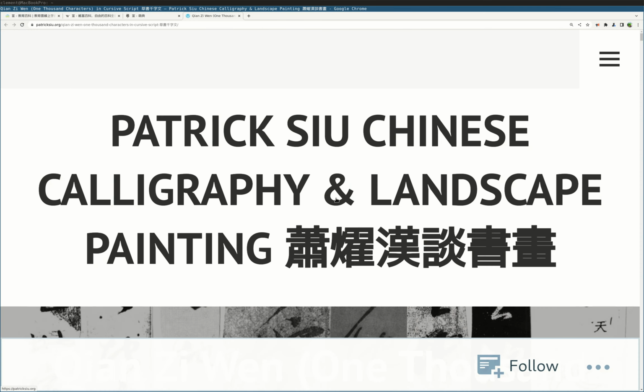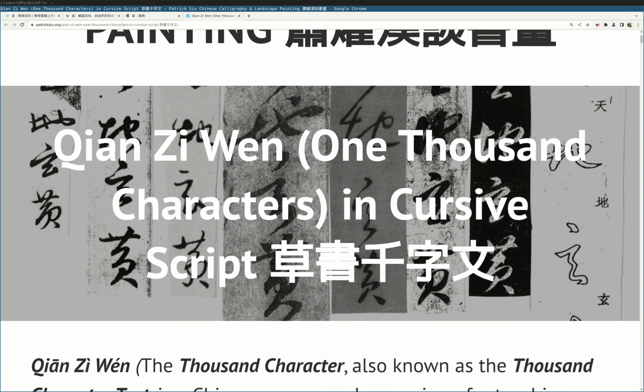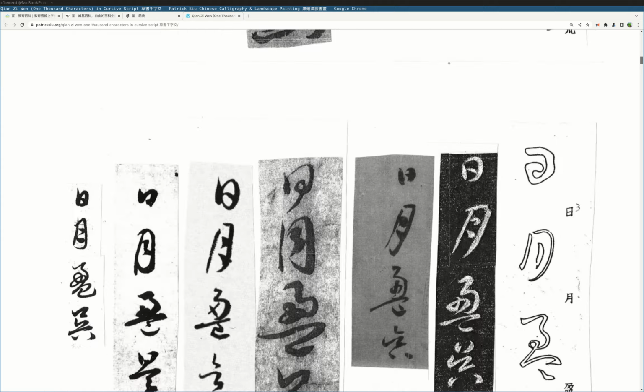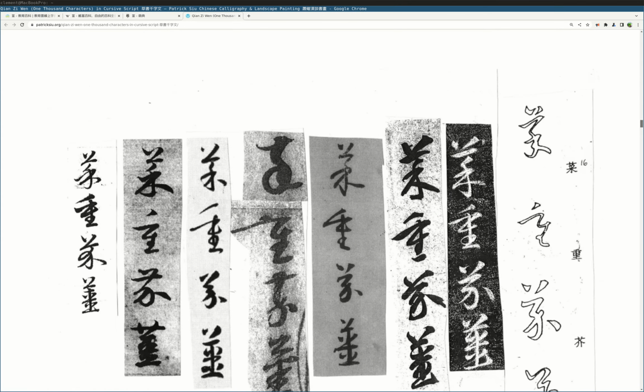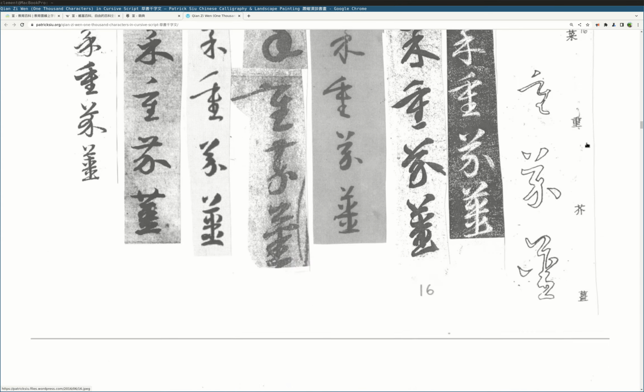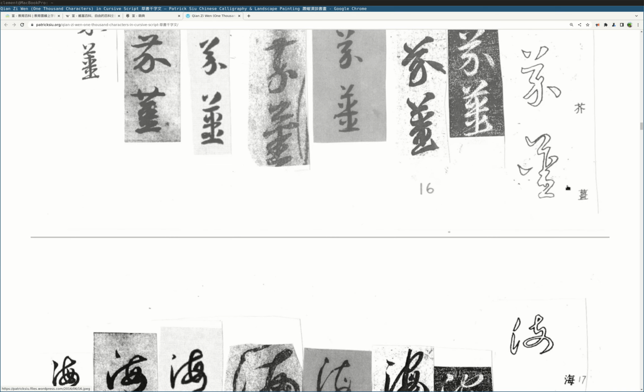And the cursive script, you'll find it here. So we try to make the sequence like that. We start from here and then one stroke all the way down and here, and then finish with this stroke.